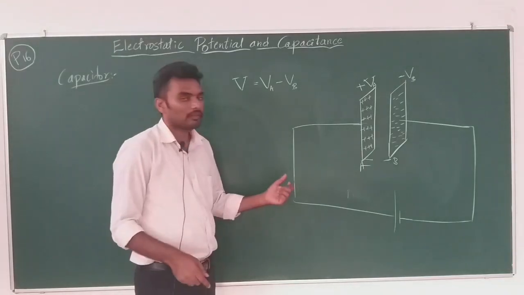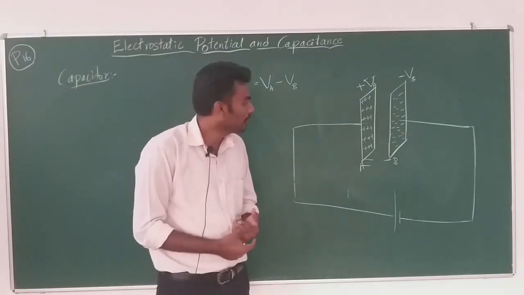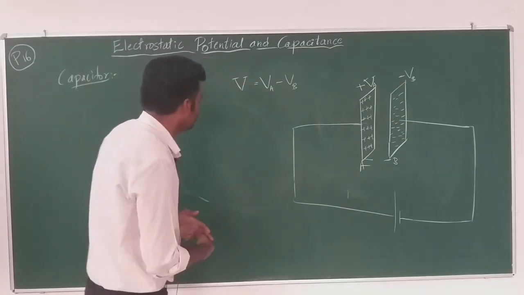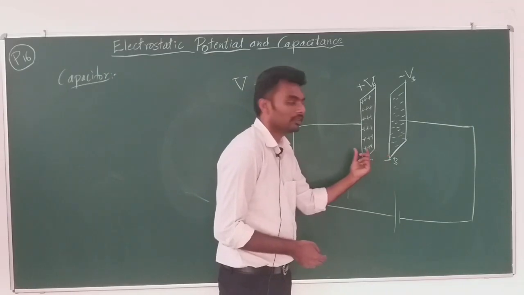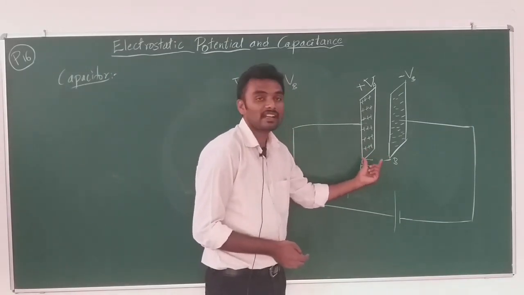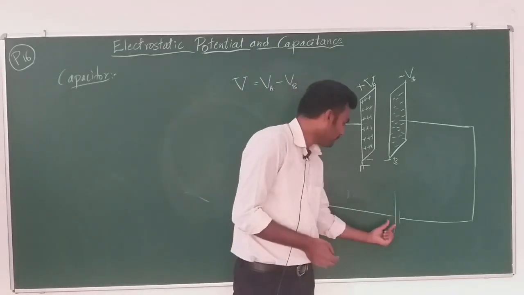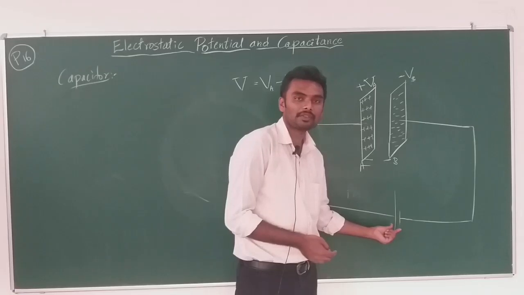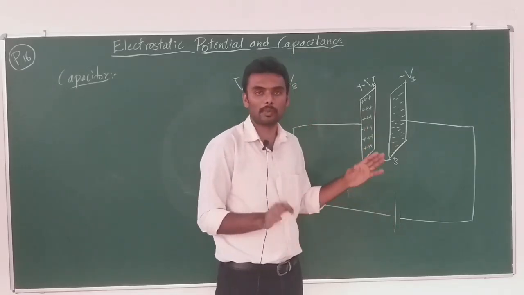Now, as in the previous one, we all know that the more the potential difference, the more charge you can store in it. Following? Where does this potential difference come from? It comes from the battery that you connect. So the larger the battery you connect, the more charge you can store, obviously.